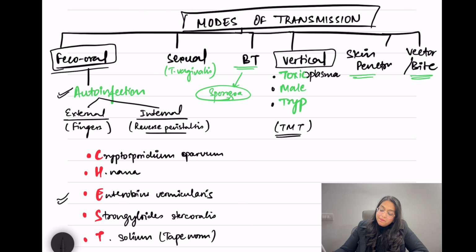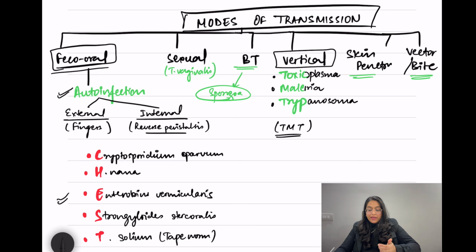Toxic, Toxoplasma. Male, malaria. Trip, Trypanosoma. Toxoplasma, malaria, Trypanosoma. Toxic male trip. Vertical transmission of parasitic infections.